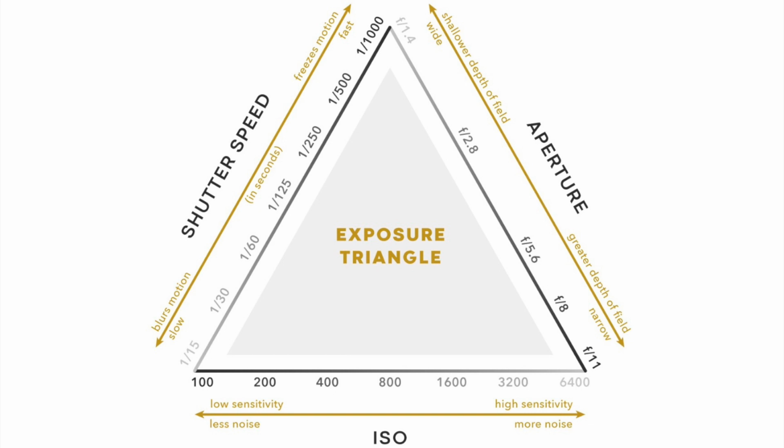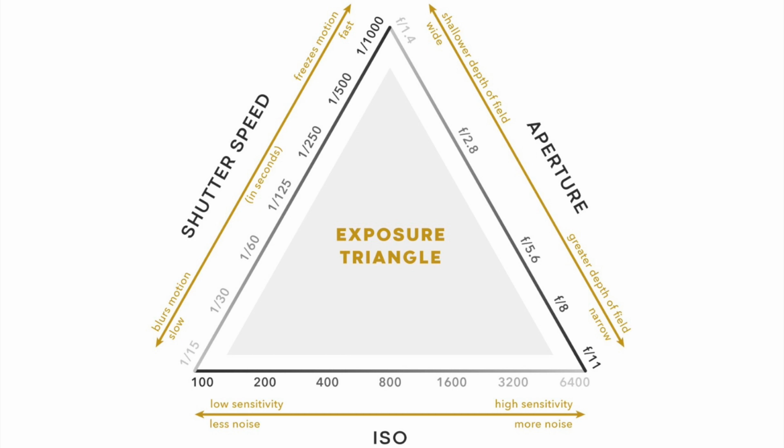Each side of the triangle represents an element of exposure. Each of these three elements has a wide range of values. If the values are correct and one value is changed, adjustment is required to either one or both of the other elements.